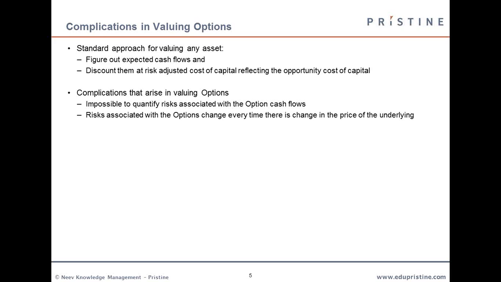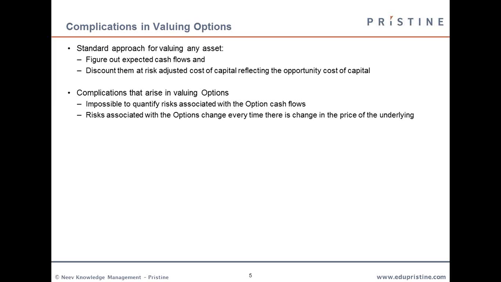But in case of options, the complications that arise are that the risks cannot be exactly quantified, and so we cannot be certain about the option cash flows. And these risks are not static, they are dynamic. They change every time the price of the underlying asset changes.